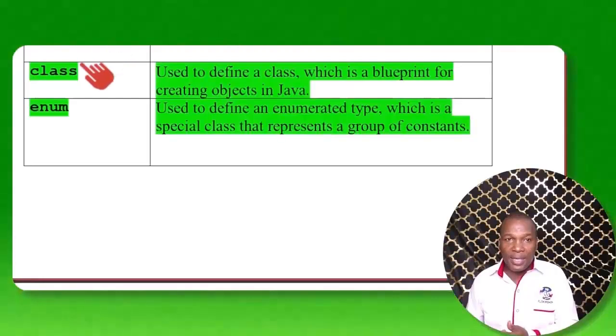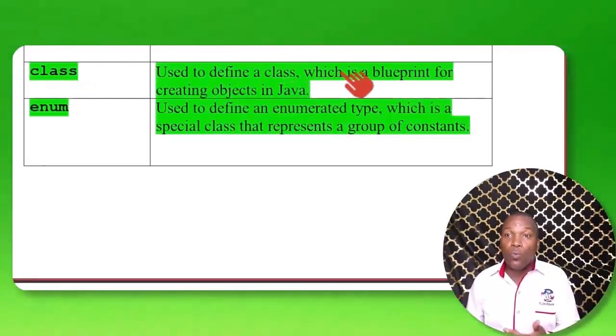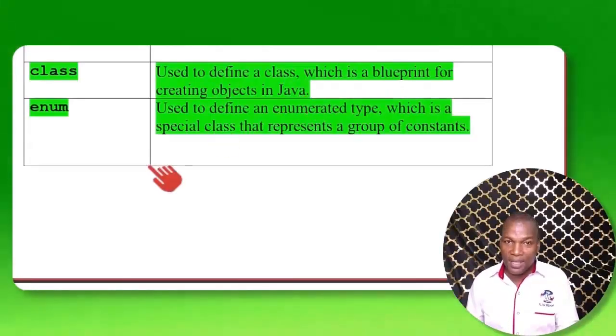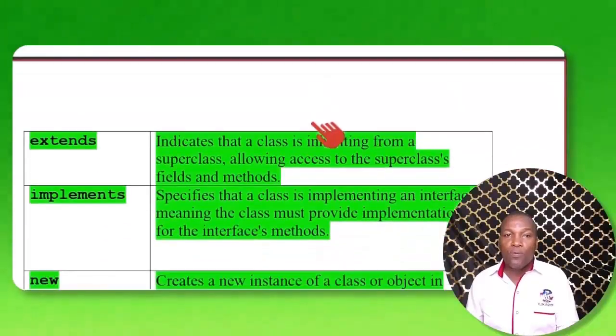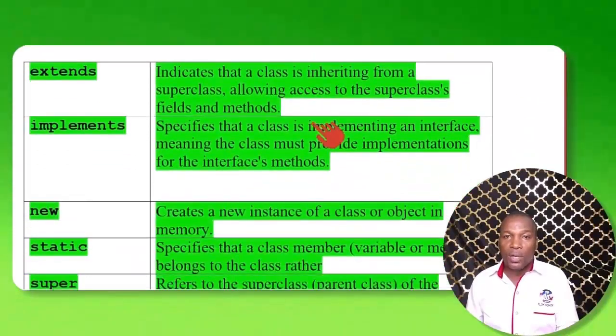I start with the keyword class, and it is used to define a class, which is a blueprint for creating objects in Java. Then we have the keyword enum, which is used to define an enumerated type, which is a special class that represents a group of constants. Then we move on to extends.